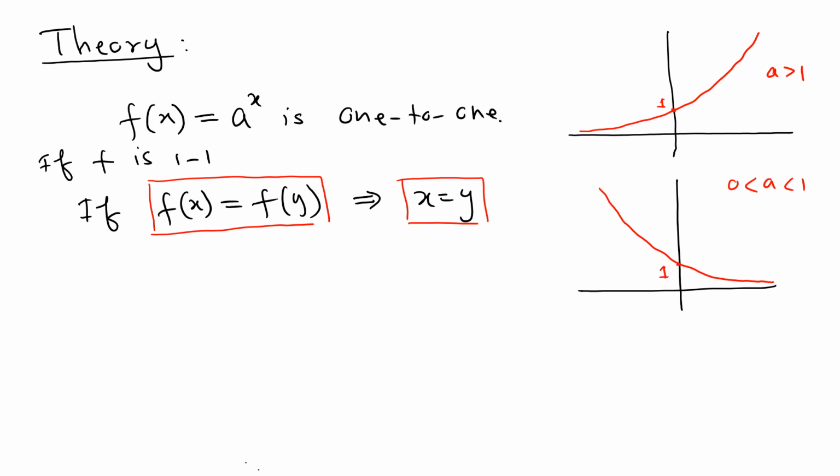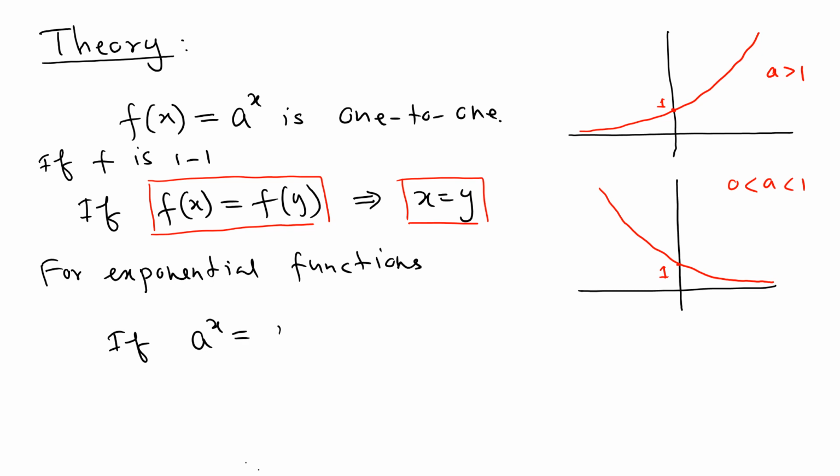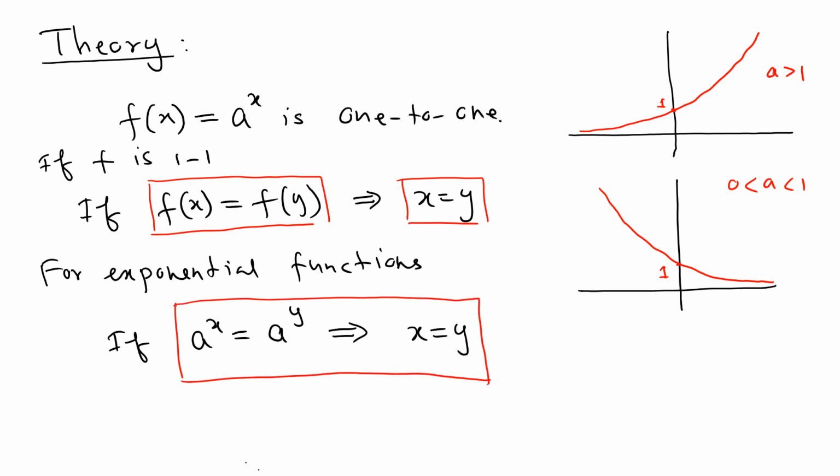So for exponential functions, if a^x equals a^y, this implies that x equals y. So we're going to equate the exponents. That is the property we're going to use to solve exponential equations, especially when they have the same base. So let's look at some examples now.